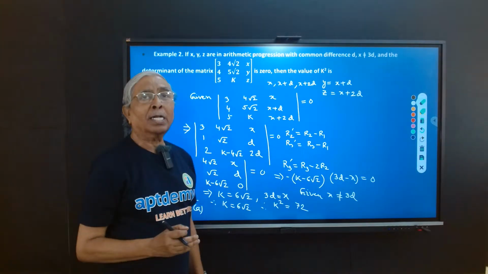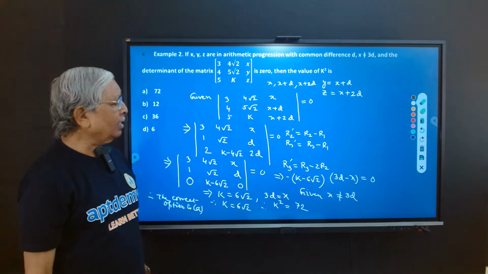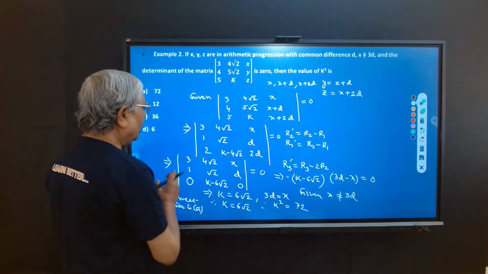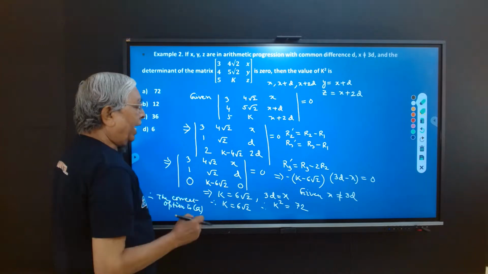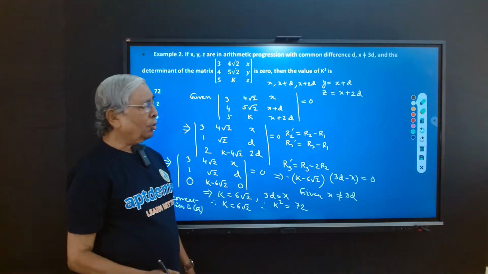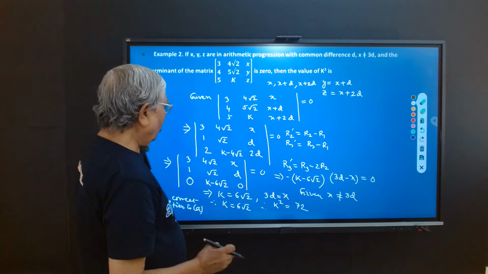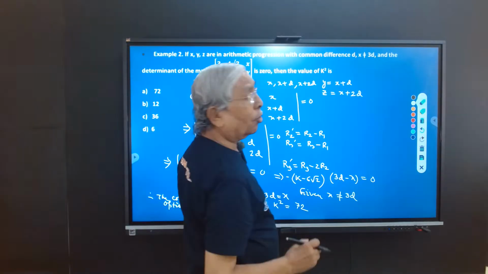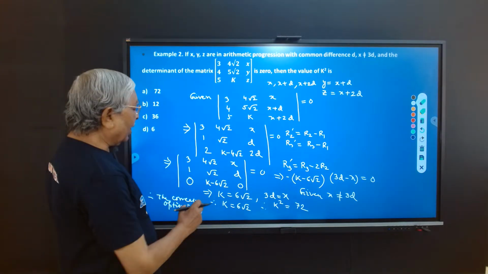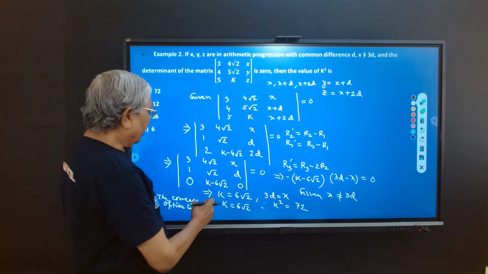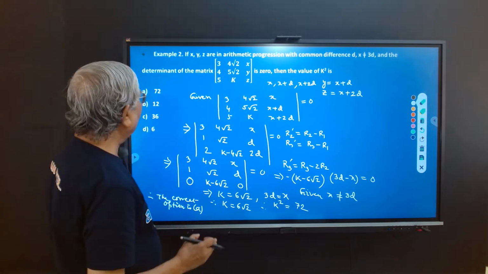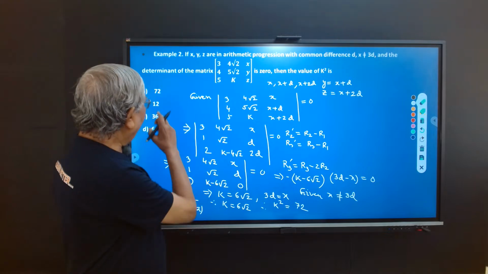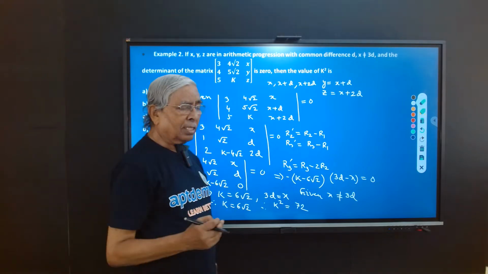So we have done R2 dash equal to R2 minus R1 and R3 dash equal to R3 minus R1. Expanding with respect to the third row, you get k is equal to 6 root 2 or 3d equal to x. But you are given that x is not equal to 3d, so we can at once write k is equal to 6 root 2. Therefore, k square equals 72. So the correct option is A.